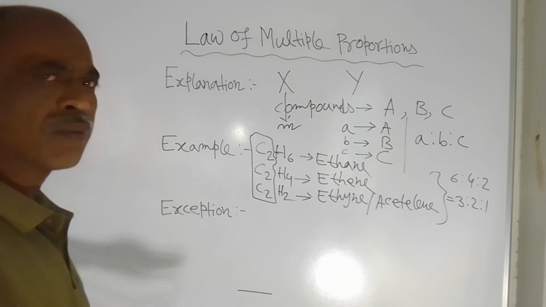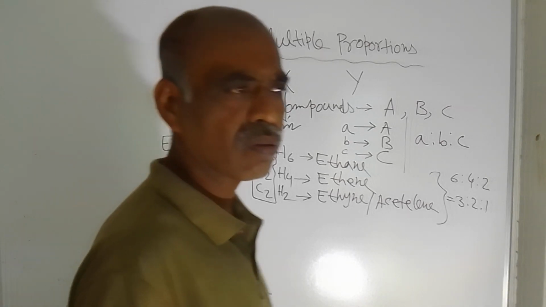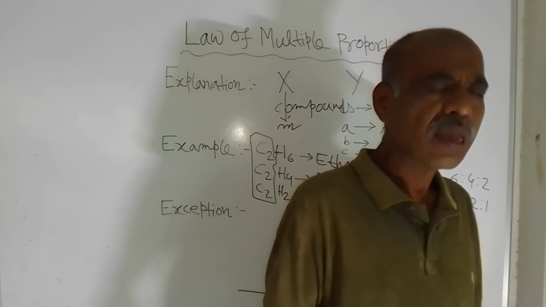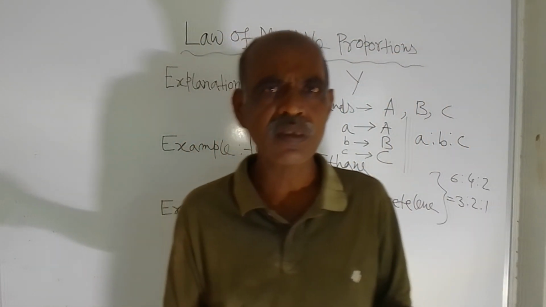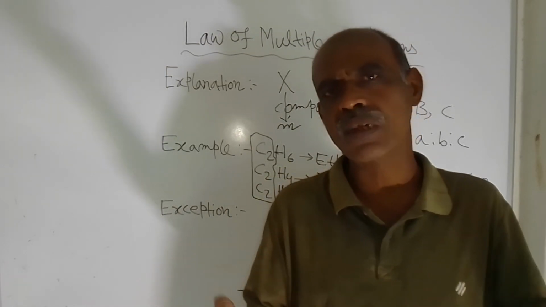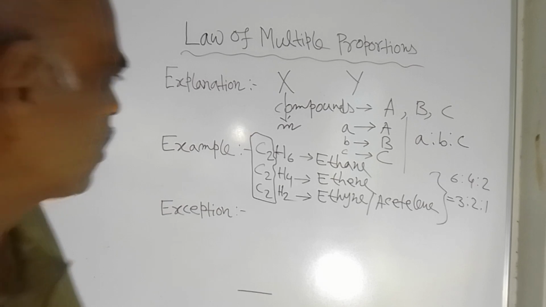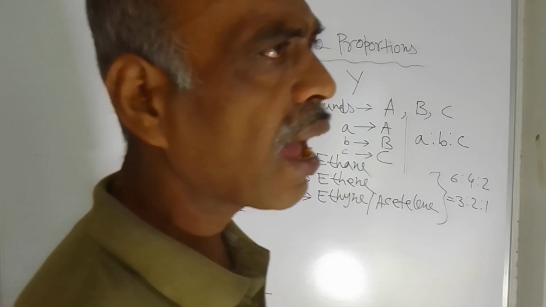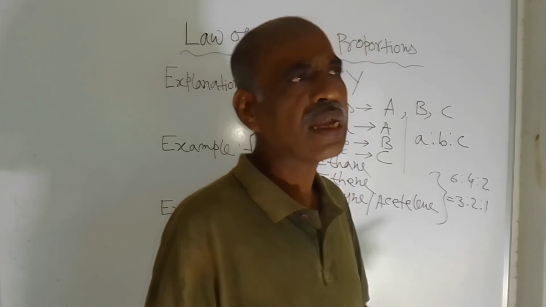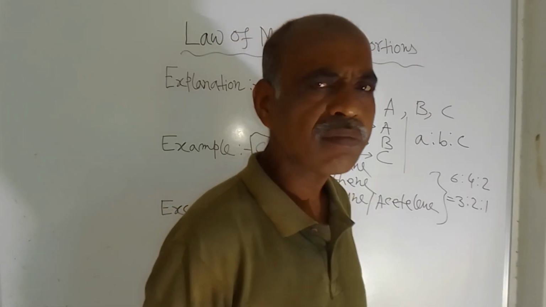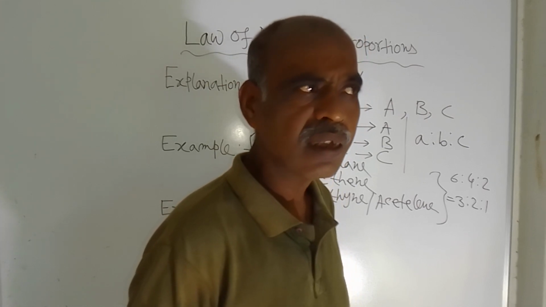Okay, now I am coming to the last topic of this law, that is the exception of the law. If you think about the hydrocarbons, means compounds of carbon and hydrogen, and if you take the example of methane, you know, CH4, methane.